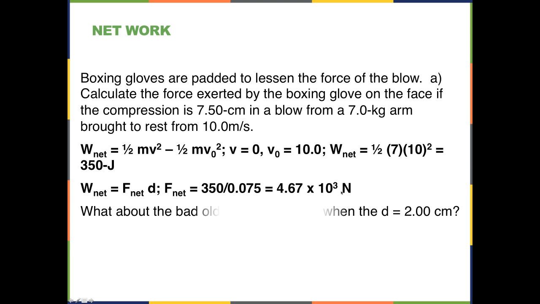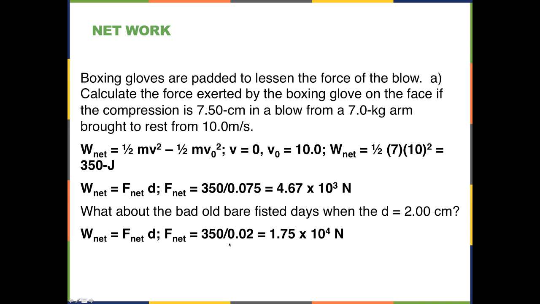Now let's see what happens in the bad old days where they used bare fists. So the distance falls from 7.5 centimeters when there's padding to 2 centimeters, which is just whatever padding's on a person's knuckles by chance.